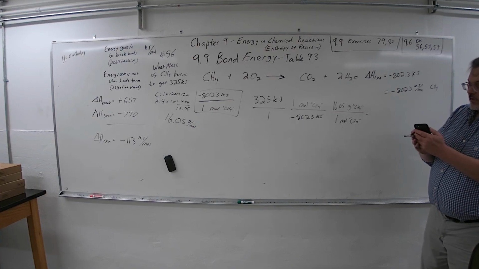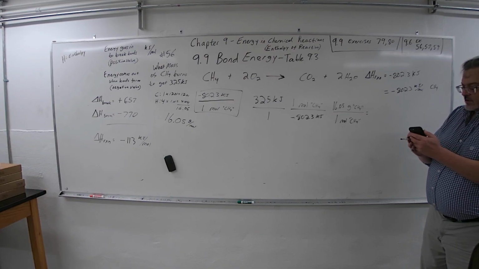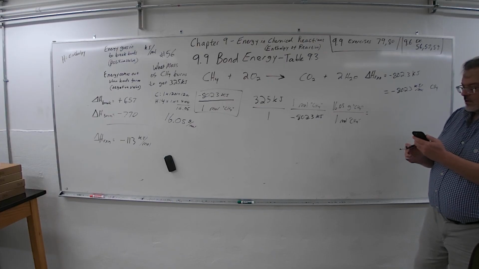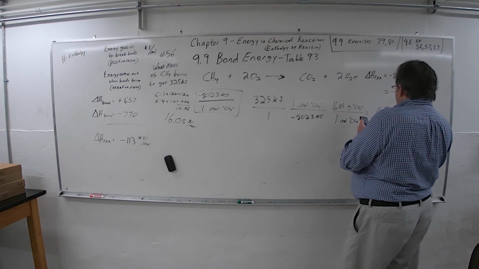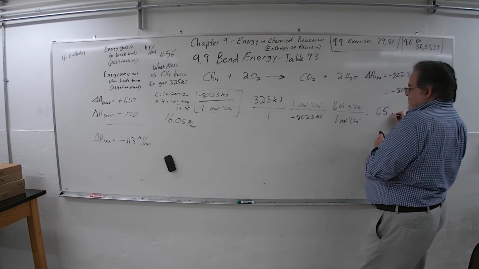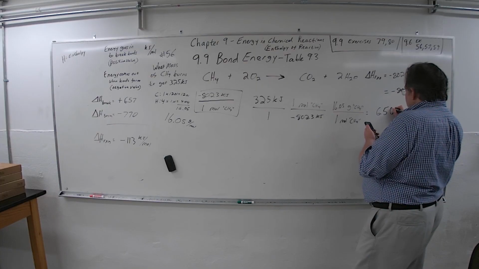What am I doing? 325 times 16.05 divided by 802.3. I guess I want 3 significant figures.